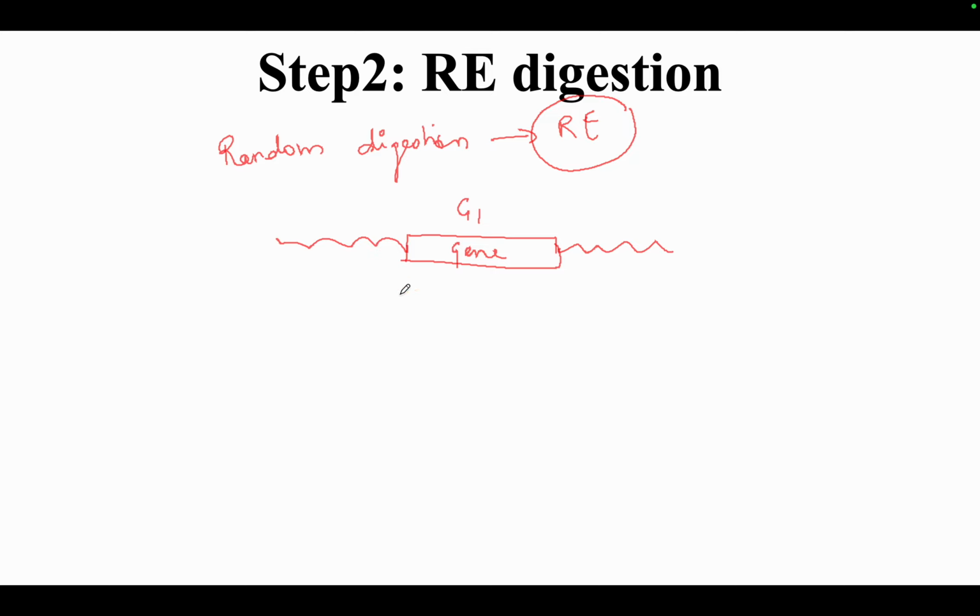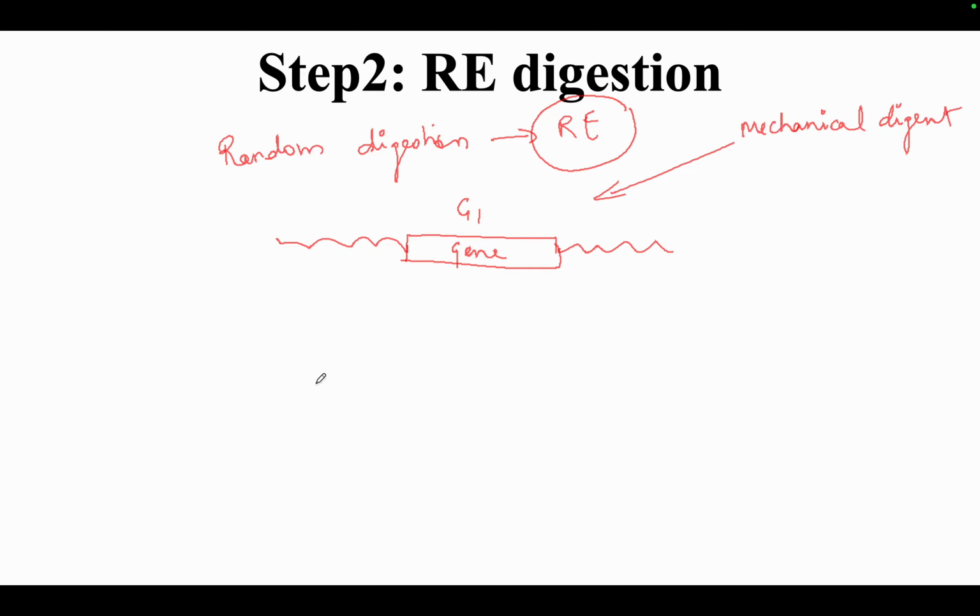We can also do mechanical digestion, but that process is again very random, and we sometimes might not get this important condition that we need to have at least one gene in the fragment.